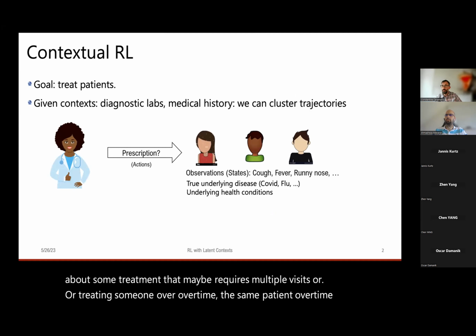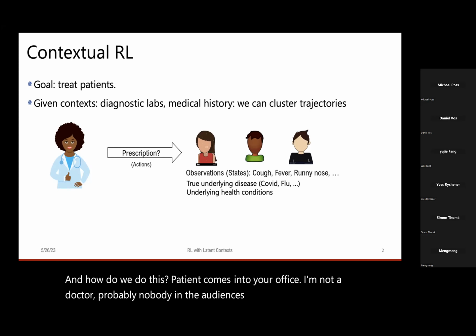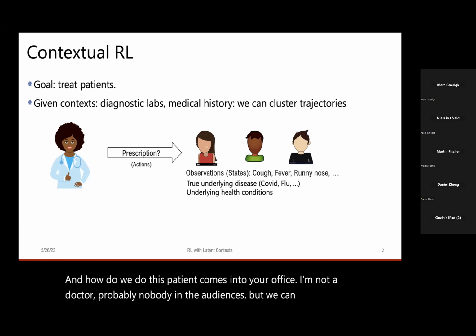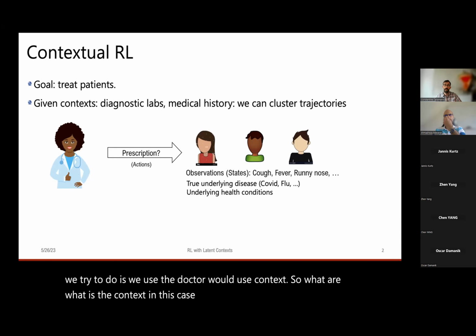And how do we do this? A patient comes into your office. I'm not a doctor, probably nobody in the audience is, but we can guess. And what the doctor would use is context.